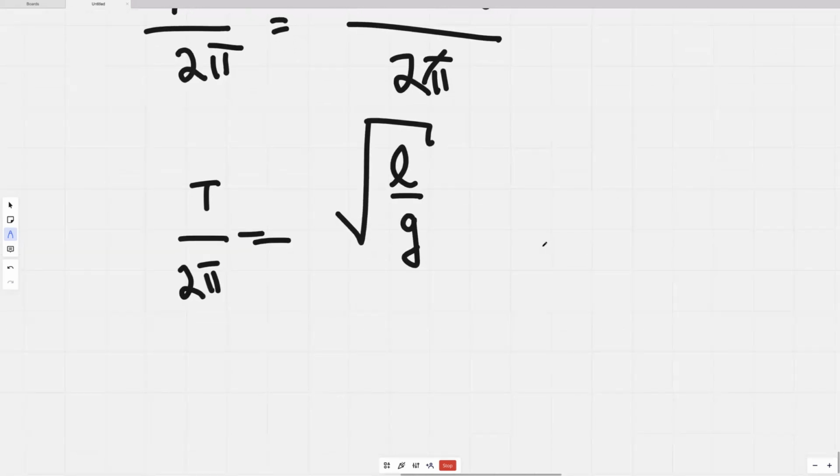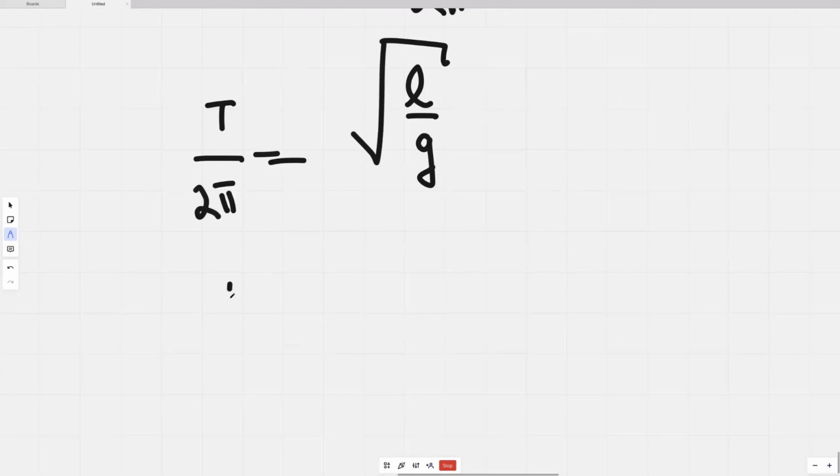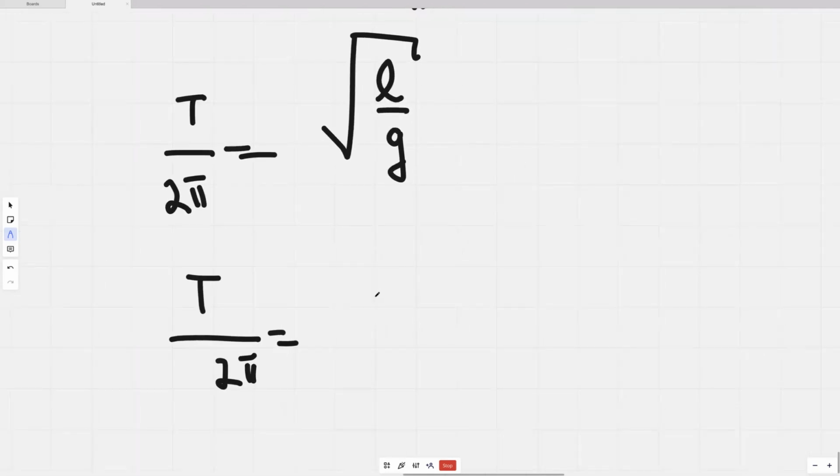And then we know that t over 2 pi equals the square root of L over G. The square root means a power of 1 over 2.